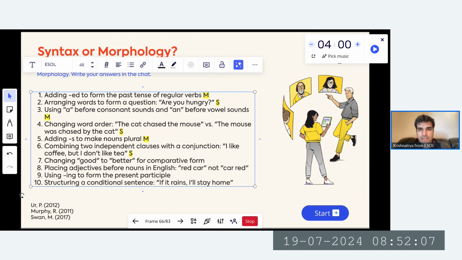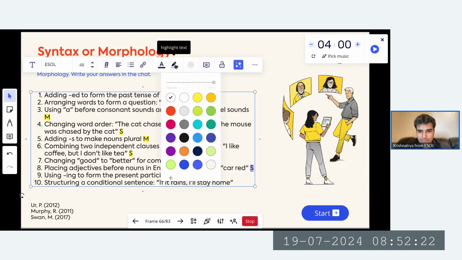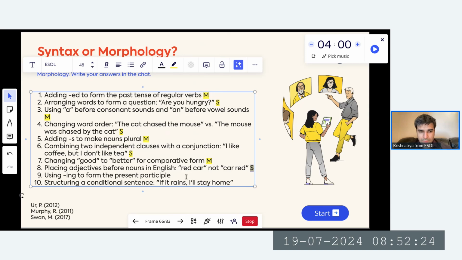Number 7 is morphology again. Quite straightforward. Number 8 is syntax. Zigzag, zigzag. And number 9 is morphology. Number 10 is syntax. Any questions from here?